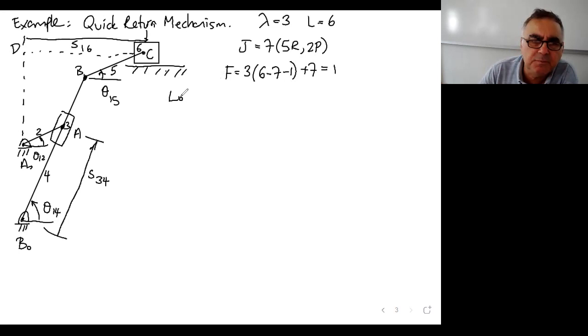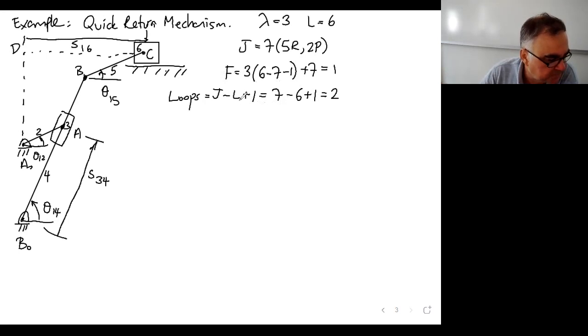Now the number of loops is J minus L plus 1, which is 7 minus 6 plus 1, which is 2. We have 2 loops. And now the number of variables is 2 times loops plus the degree of freedom, which is 1.